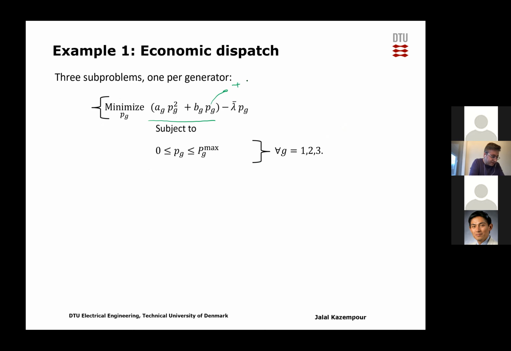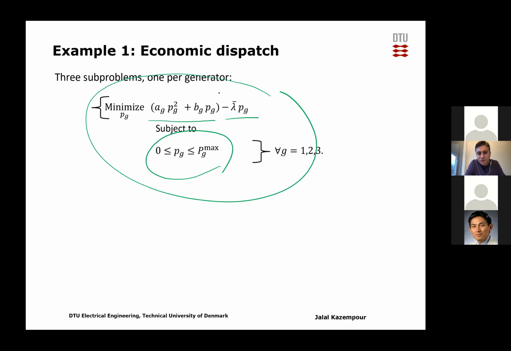Yes, also we have here CG, but it's a fixed cost in the objective function, so we can remove it. So this is the total production cost of the generator minus lambda bar PG, right? Subject to the local generation limit. So we have three subproblems like this, one per generator.